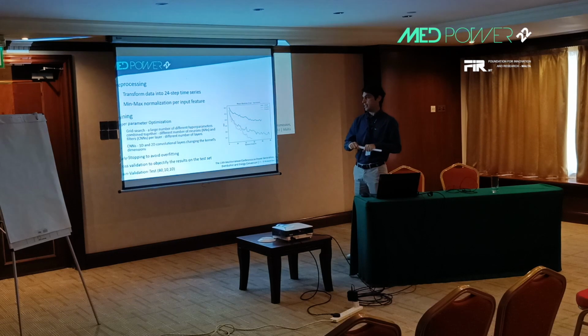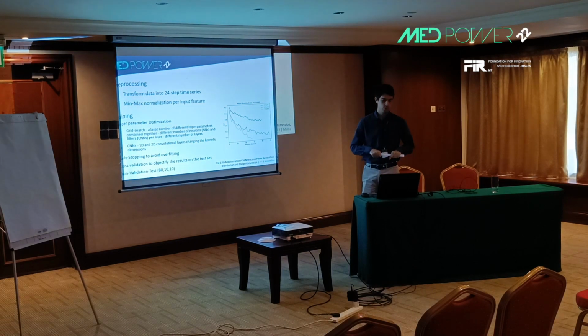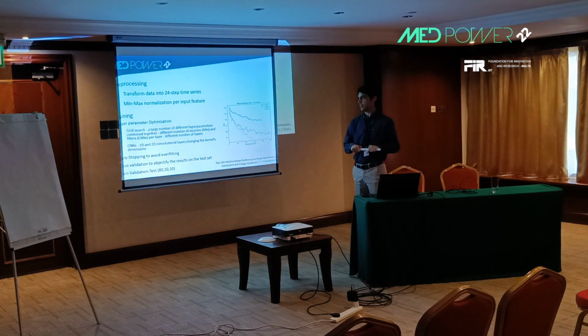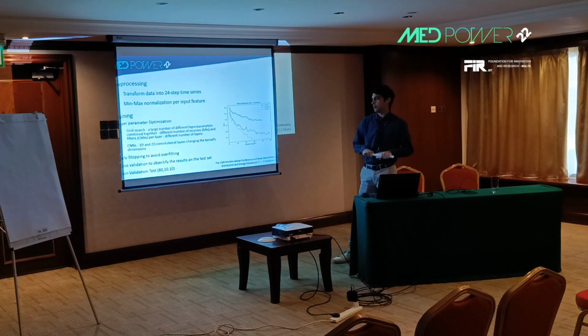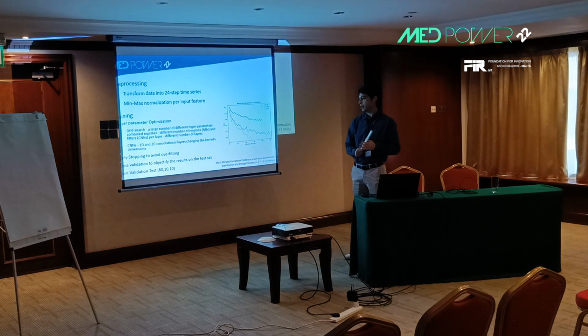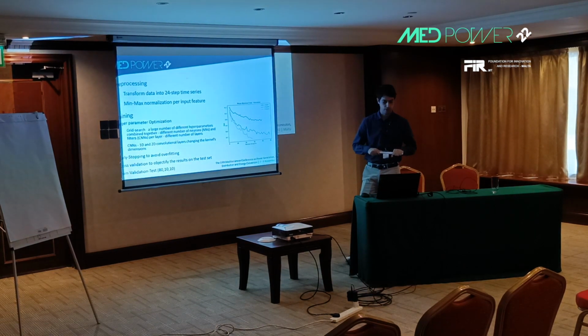Regarding the training, hyperparameter optimization was performed. A grid search was used, since a large number of different hyperparameter combinations are utilized, with different numbers of neurons in the case of neural networks, and filters per layer in the case of convolutional neural networks.